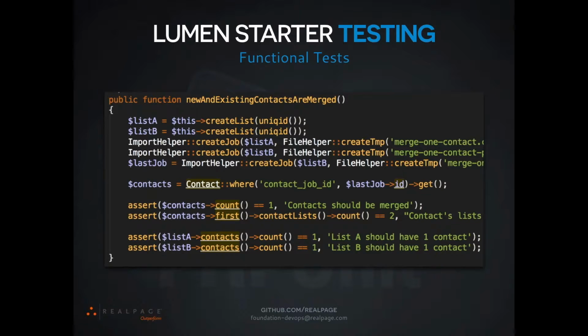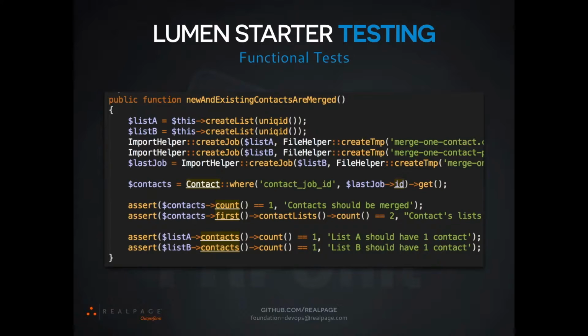So in this case, this test verifies that two contacts were merged on the CSV that was uploaded. Again, it's not testing any CSV uploading functionality. This is a test that is making sure a certain thing happens when a CSV is uploaded. It's kind of hard to tell by looking at it, but this test sets the stage.